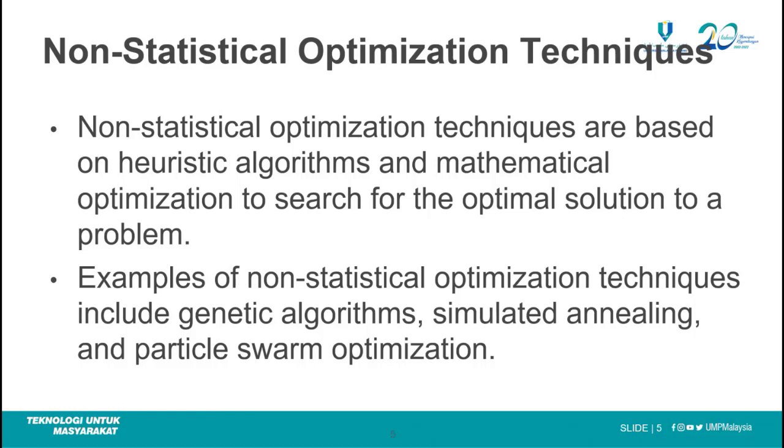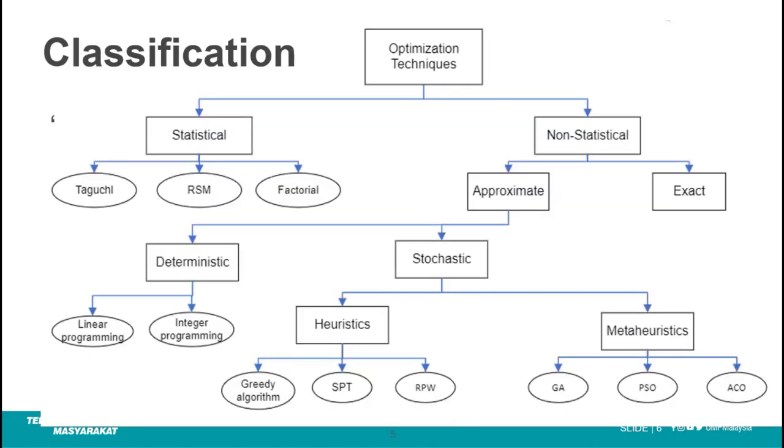So this is only one classification of optimization techniques. We can divide under statistical and non-statistical. For statistical, there are a lot of approaches here, such as Taguchi, RSM, and factorial.